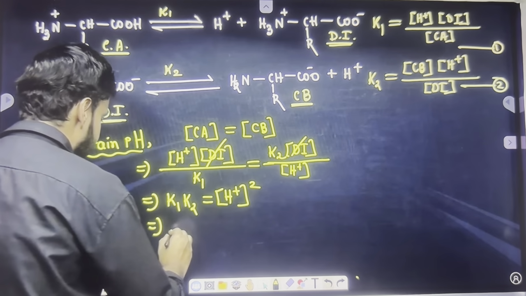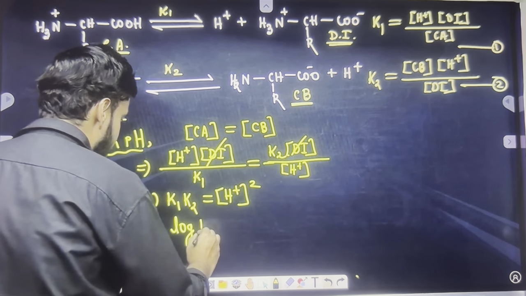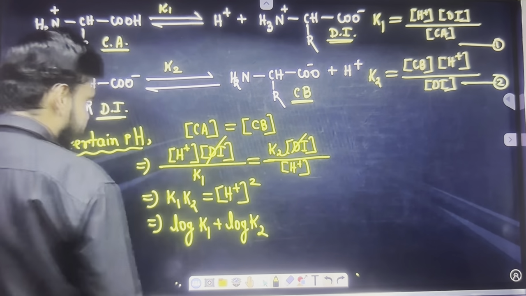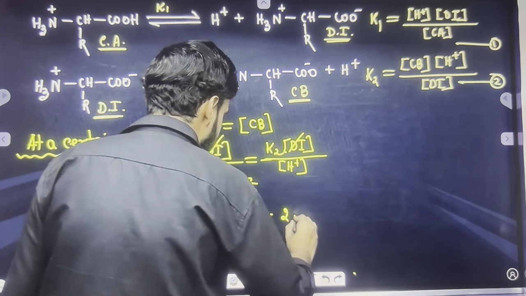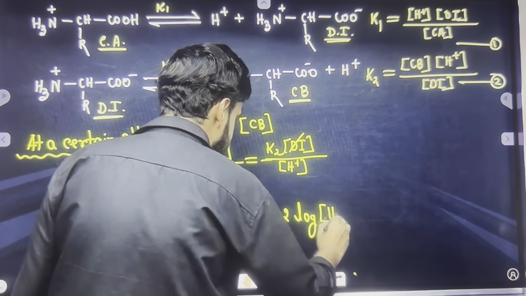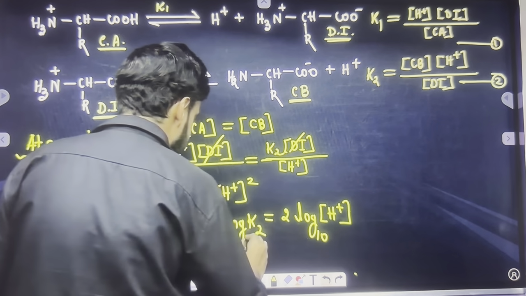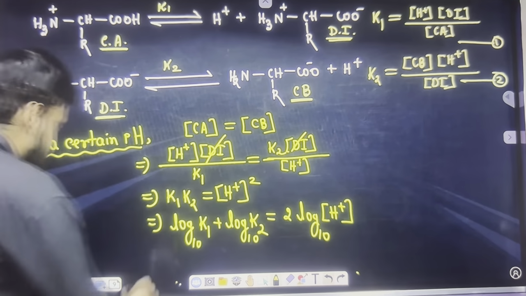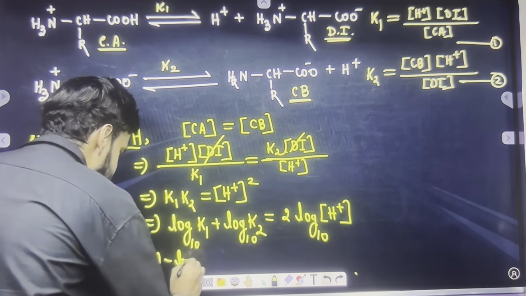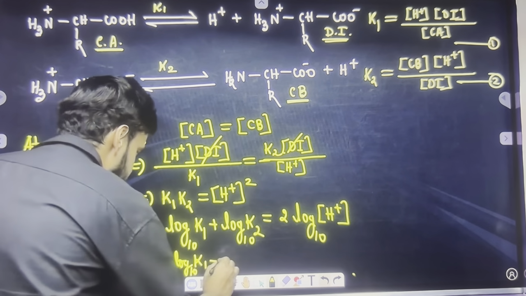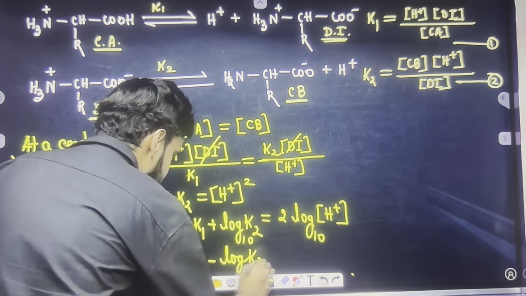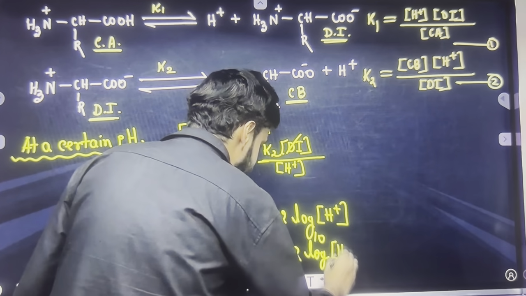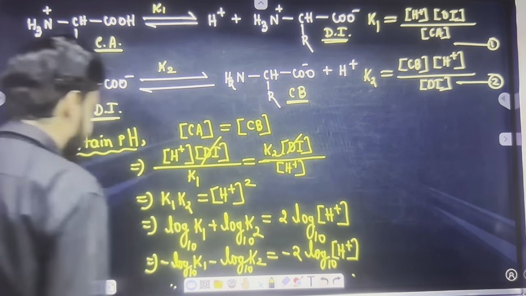Put log on both sides. So log K1 plus log K2 will be equal to 2 log of H plus concentration. Please consider the base of the log as 10 only. Now put a minus sign on both sides. So this will be minus log K1 to the base 10 minus log K2 to the base 10, equal to minus 2 log H plus concentration to the base 10. Now what is this?